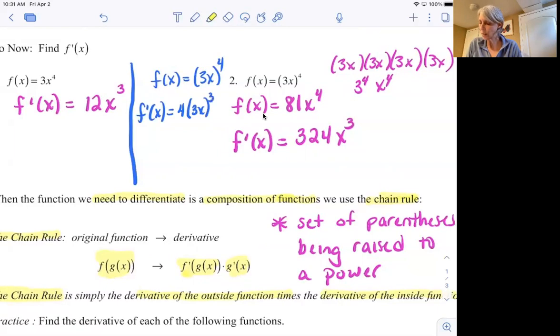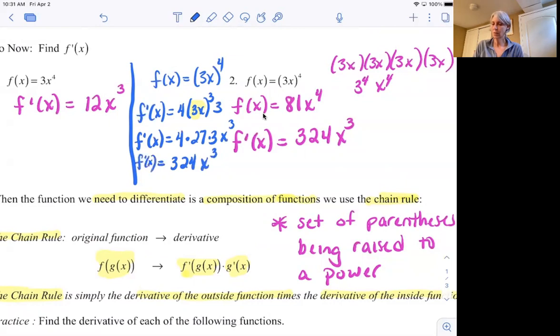Now take the derivative of the inside, times 3. So I have f prime of x is going to equal 4 times 3 cubed is 27 times 3 times x cubed. And you would wind up getting the same answer. Now, I know it doesn't seem easier to do it this way, but it is. Okay, because a lot of times we're not going to be cleaning up that inside. We're just going to be leaving it alone.